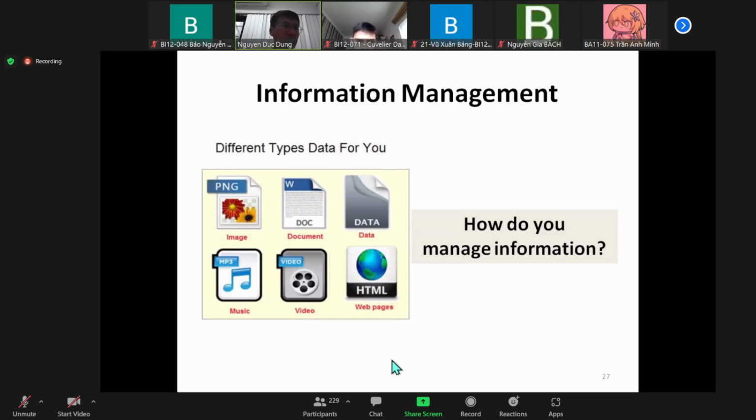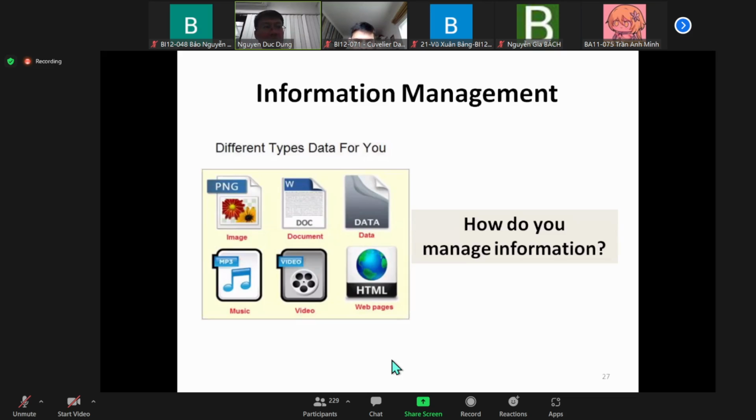So the informatics course helps you to have basic knowledge and also basic skills in managing information. Some theoretical aspects you will learn in the lectures here, like this one. You understand the fundamental knowledge, and in your practice hours, you will practice processing some popular types of information, including creating and processing documents, and doing some basic calculation.